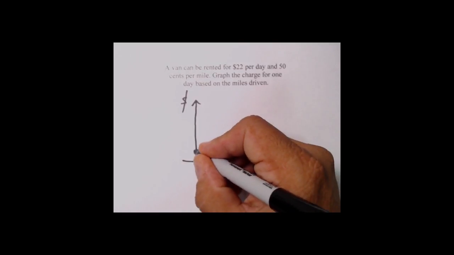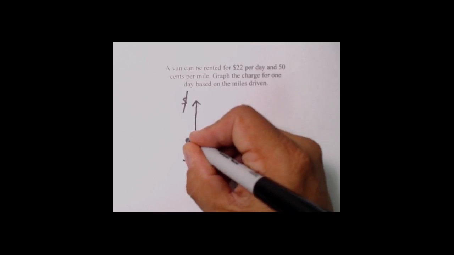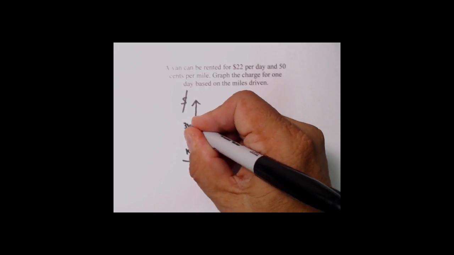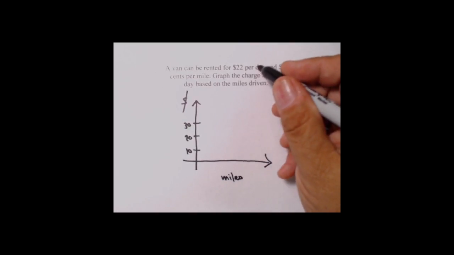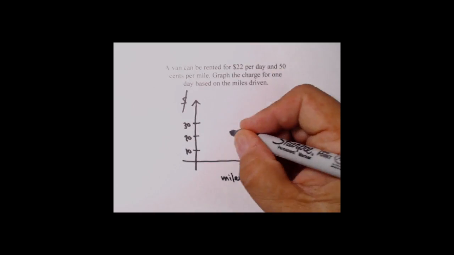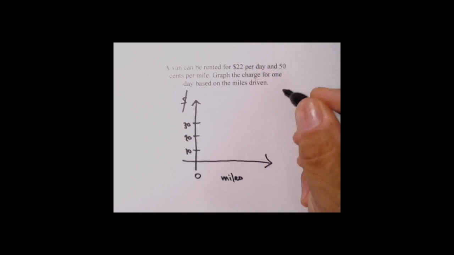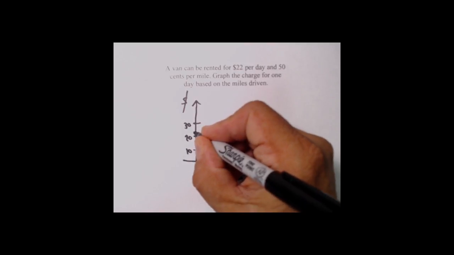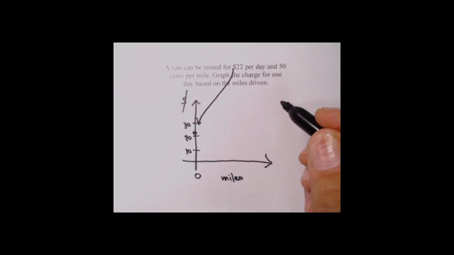So if this was 10, and this was 20, and this was 30 here, then we've got a range we can work with. Okay, the flat fee, $22 just for the day, even if you don't drive the car. Well, that's going to be at miles 0 right here. And $22 will be about here. Okay, so there is our starting value again.